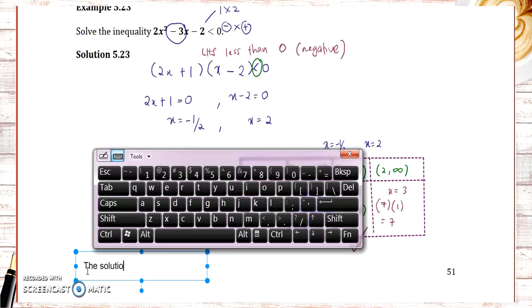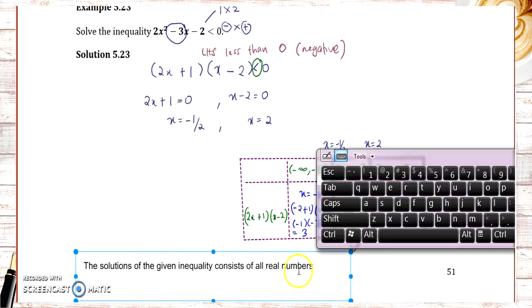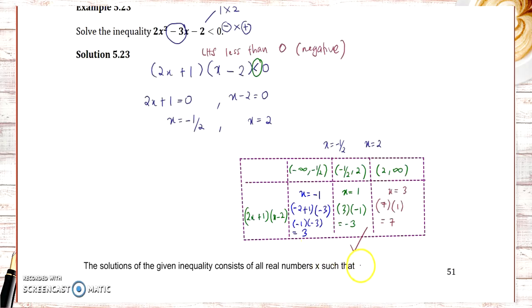the solutions of the given inequality consist of all real numbers x such that x is between negative 1 over 2 and 2.